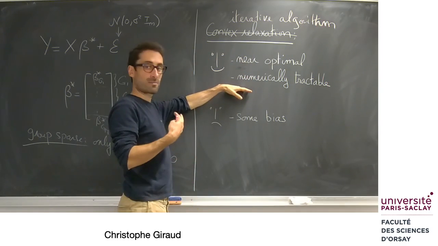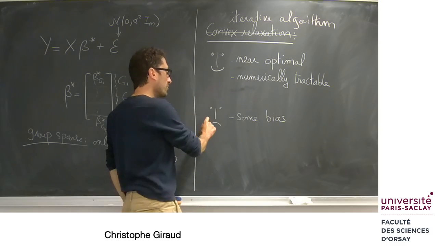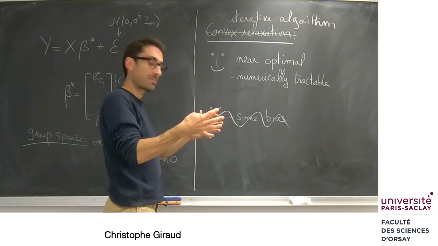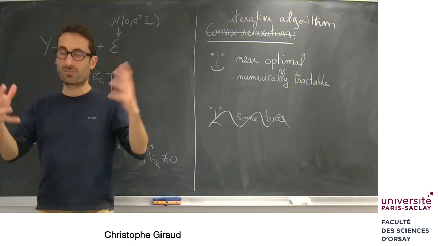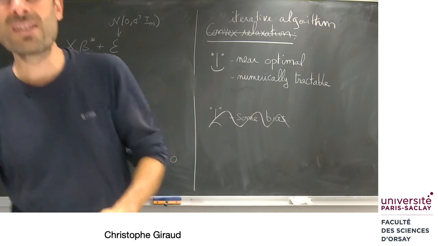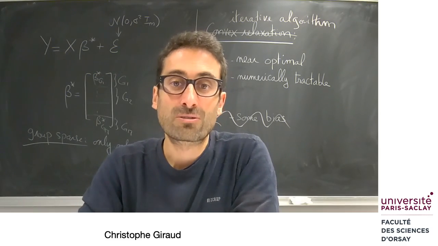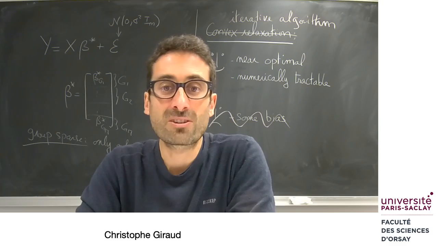It is very efficient computationally, and we do not have this bias anymore, because instead of having shrinkage from the soft thresholding or the group soft thresholding, we have hard thresholding that does not shrink the solution. So we have nice results both in theory and in practice.